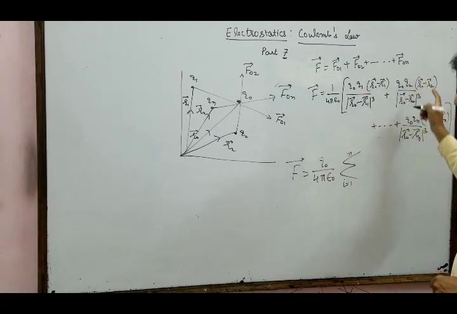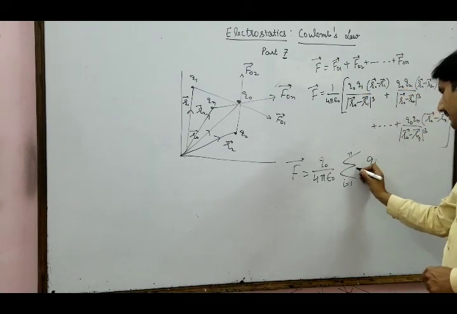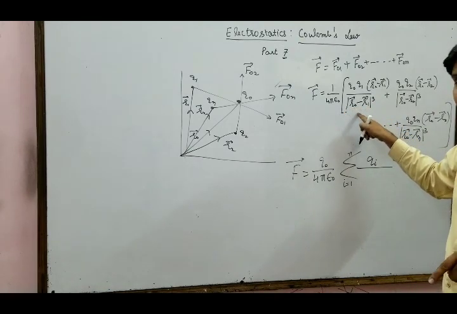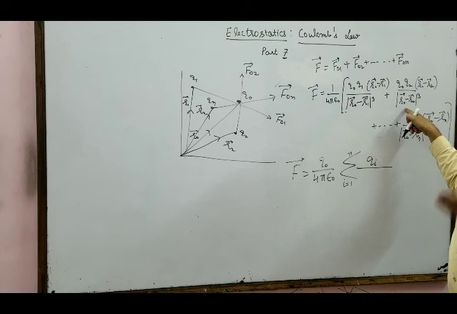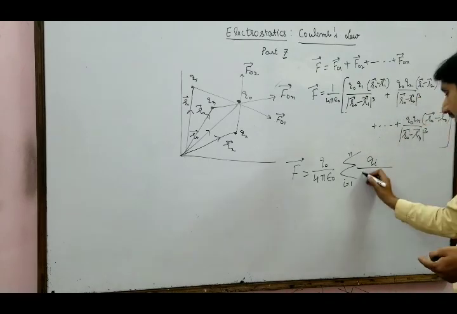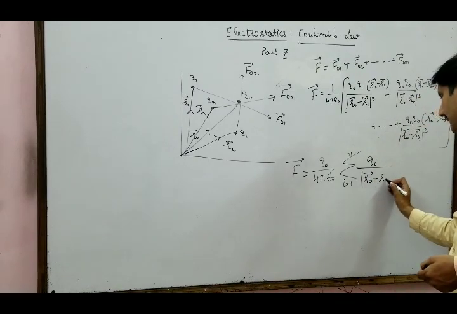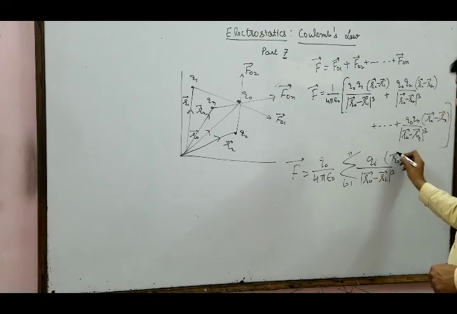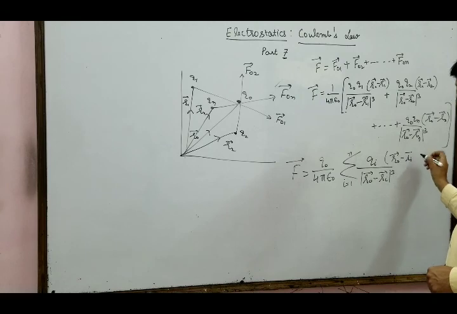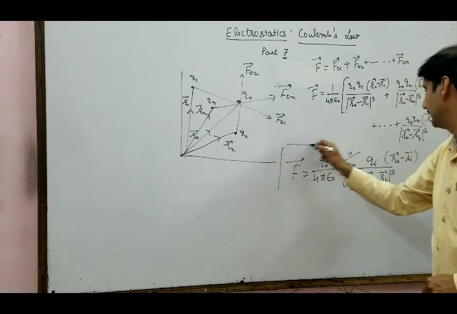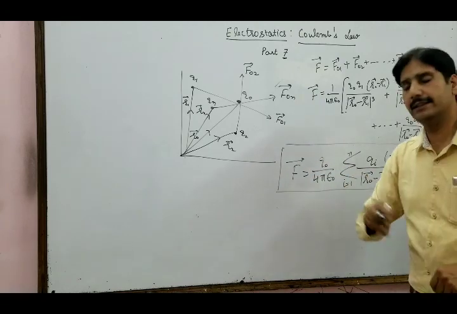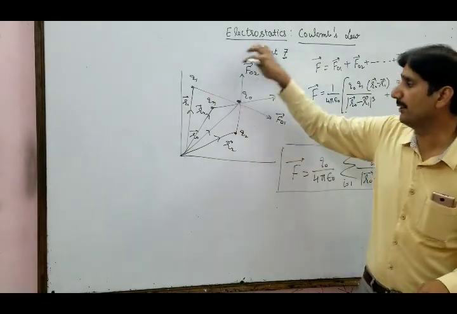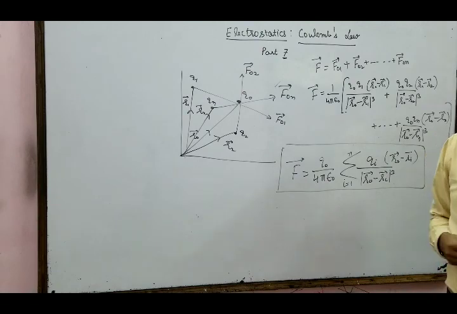Q1, Q2, Q3, that means Qi, divided by the modulus of R0 minus R1 whole cube, modulus of R0 minus R2 whole cube, and so on. That means R0 minus Ri whole cube, and the same thing in round bracket in the numerator. This is the final expression for force on a given charge due to an arbitrary distribution of other charges.